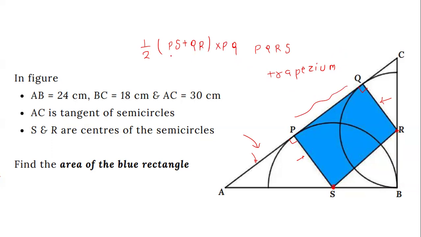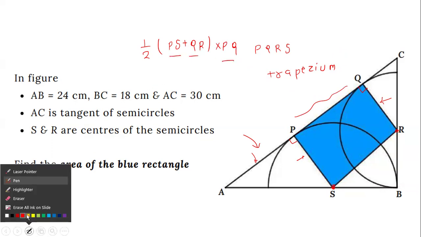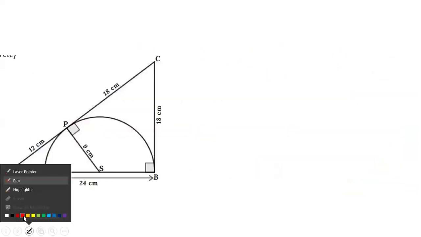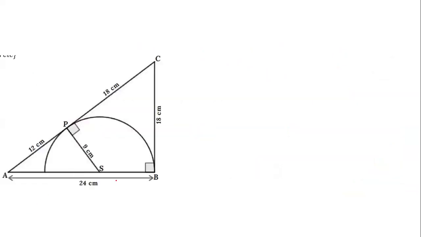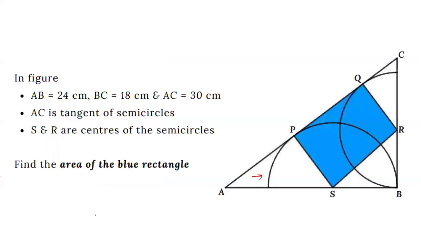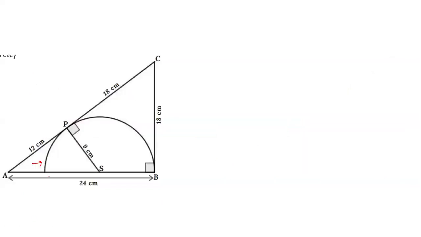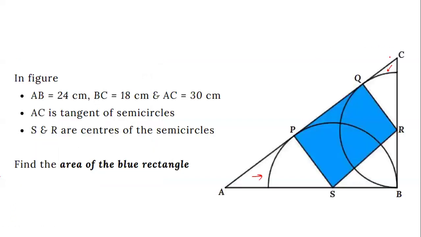Now we have to find the value of PS, QR and PQ. So this is our job. Now let's see. First we are looking at this semicircle only. Forget about this other semicircle, and focus on this semicircle. On this semicircle, from the point C, there are two tangents, one is PC and one is BC.